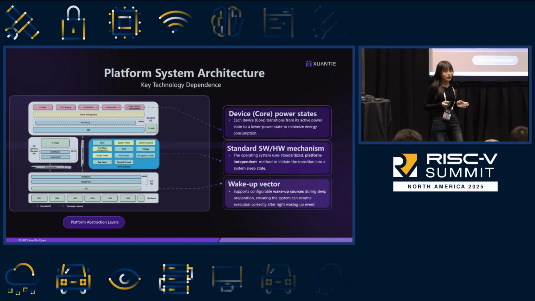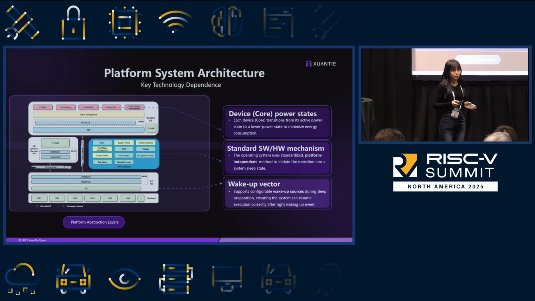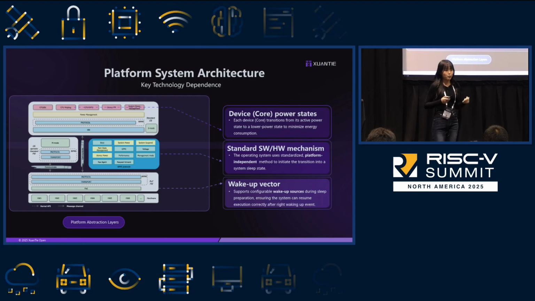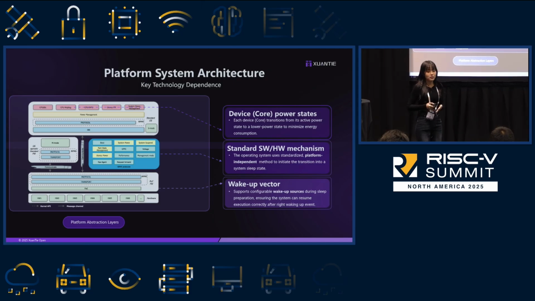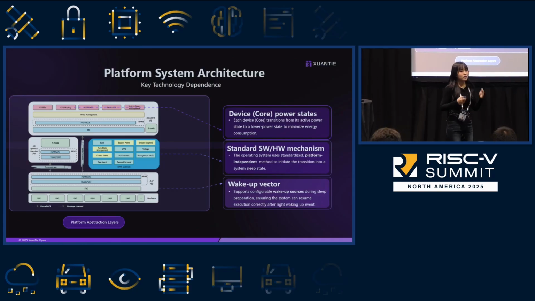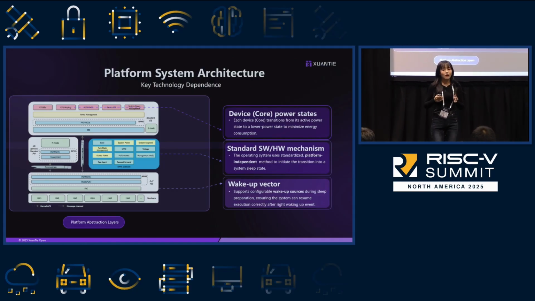What are the key reliances that we need to address based on that? We summarize 3 essential pillars. First, the device or core power state transition. As I just told you, there is a suspend procedure in sequence in which the device and core states have to be suspended.